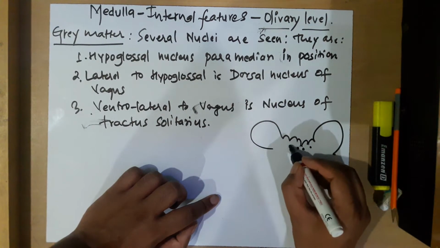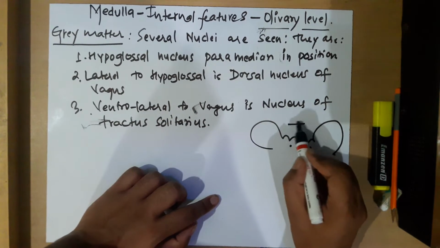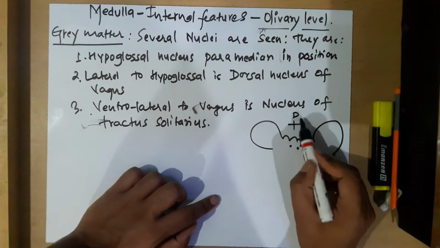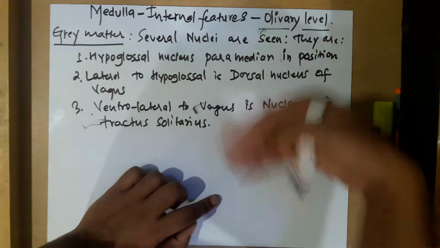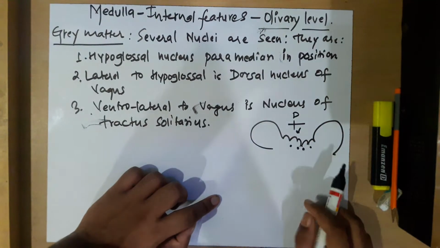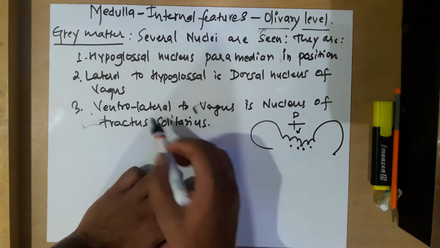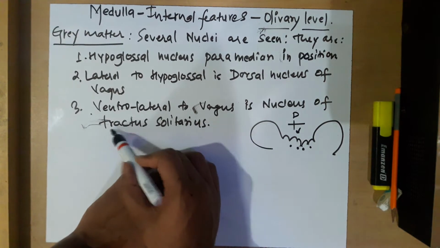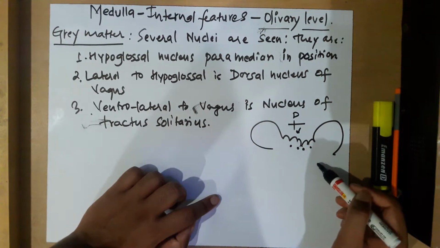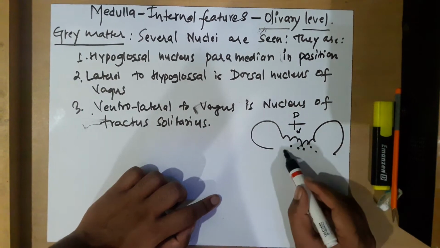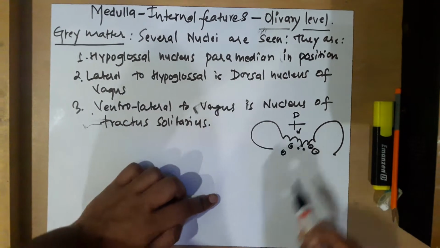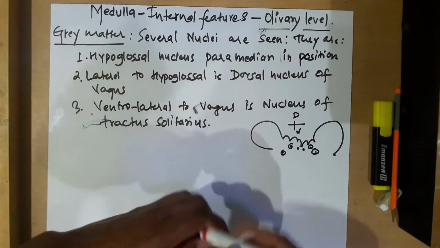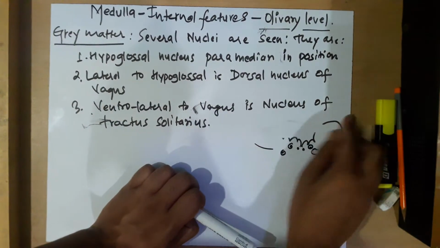I told you this is the dorsal and this is the ventral side. So the position of tractus solitarius is ventrolateral to the vagus. When you draw a figure, you will be much more clear. This is just an overview about the position.